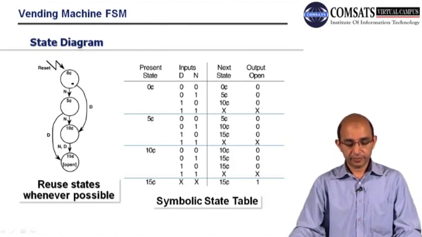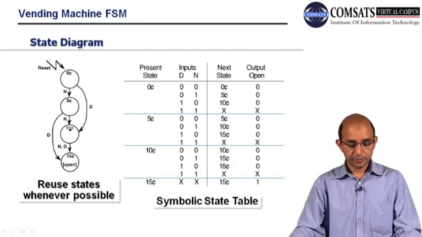We have two sorts of coins: n is a coin for 5 cents, and dime is a coin for 10 cents. If you insert n, you move to the state representing 5 cents. If you insert a dime, you move to the state representing that you are at the 10 cent position.